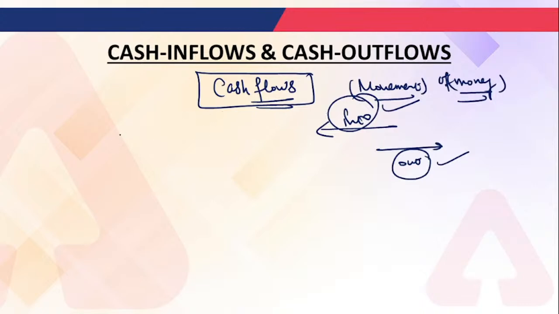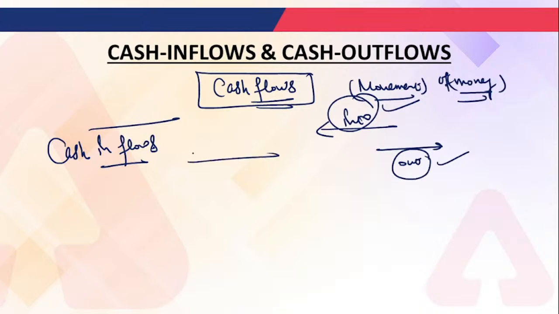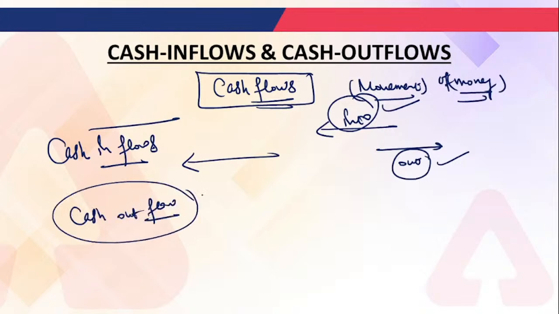So what we understand by cash inflow is all such activities of the business that result in getting cash into the business. And what we understand by cash outflow is an activity of the business that results in cash going out of the business.